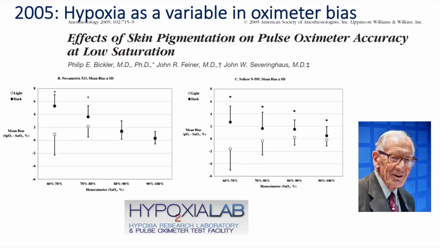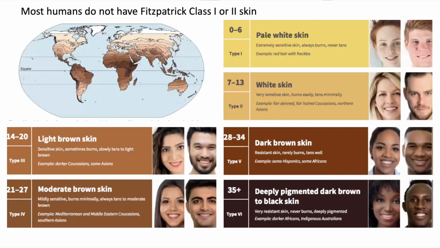We found that there was a positive bias in the reading of a number of different pulse oximeters, but that an additional very important factor was the degree of oxygenation. The difference between the pulse oximeter reading and the true value in arterial blood broadened at lower saturation. So it wasn't just a constant bias across different saturation levels.